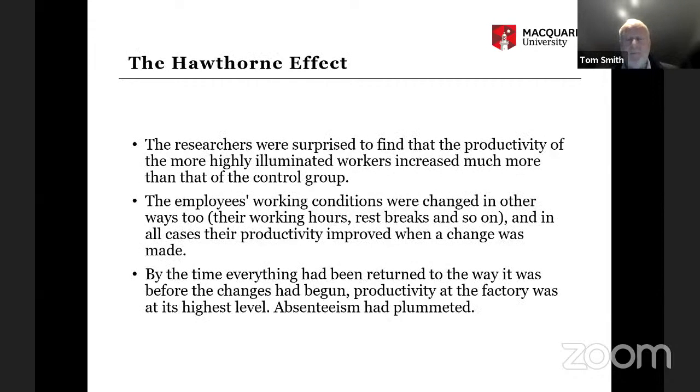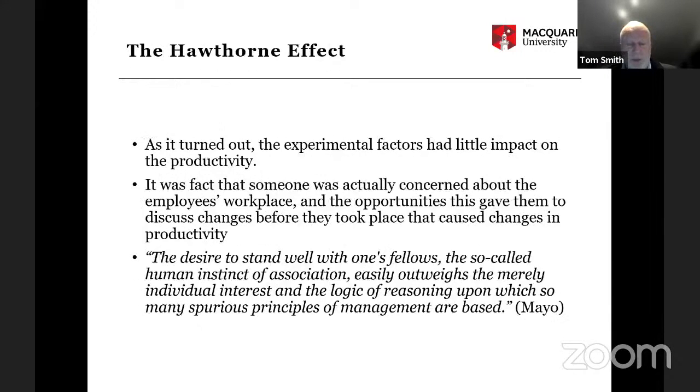It turned out that the experimenters themselves were having an impact. The workers were so pleased that someone was concerned about their working conditions that everything the experimenters did resulted in an increase in productivity.